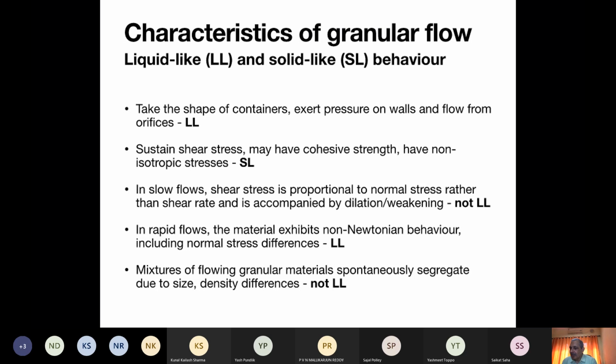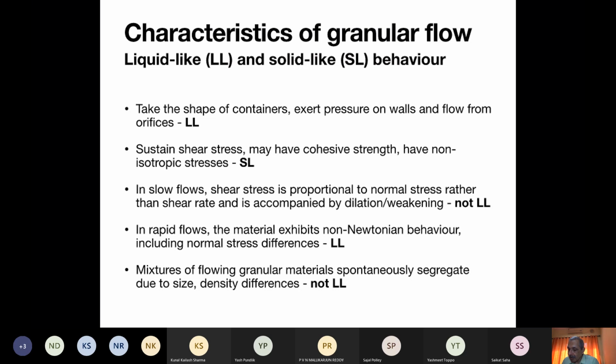Now here is a list of things which are typical of granular materials. First of all, in some cases they show liquid-like flow, and in some situations they show solid-like behavior.